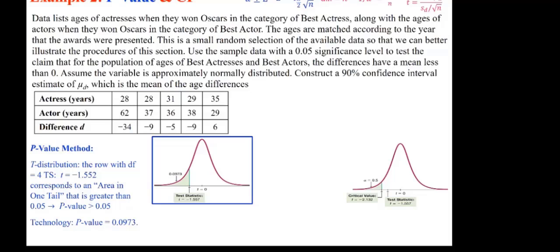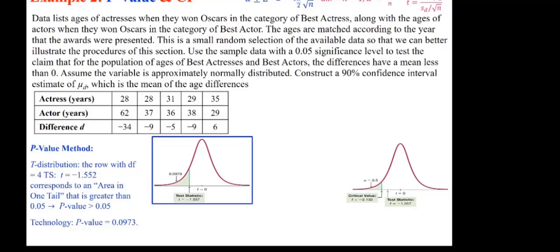The p-value is not there. We can just tell that it is larger than 0.05, everybody, okay? The technology gives you 0.0973. In a moment, I will show you how we arrive at that using a table. But for now, let's stick with that, and let me show you the confidence interval.